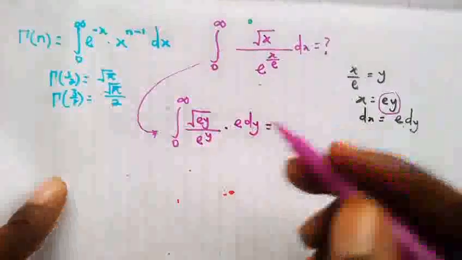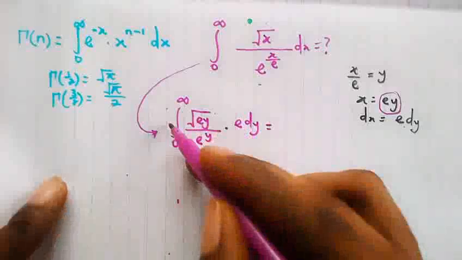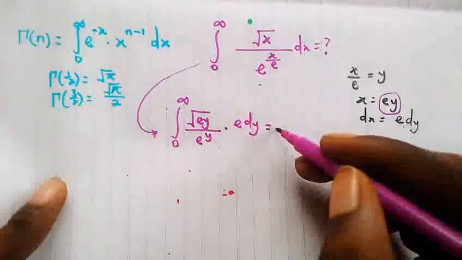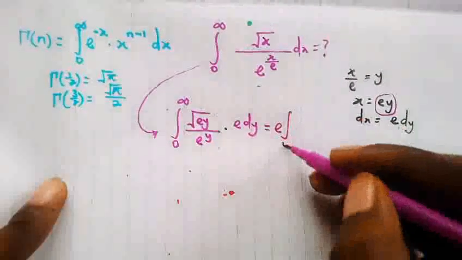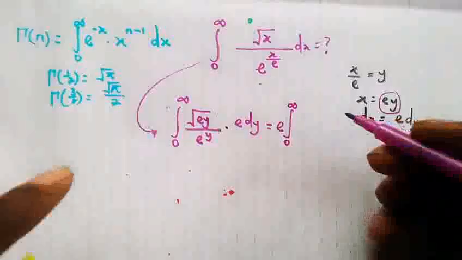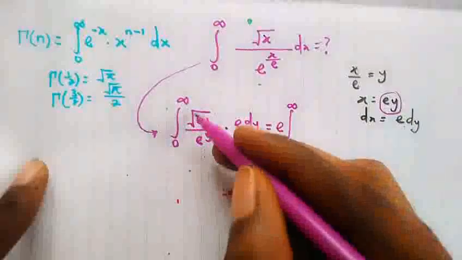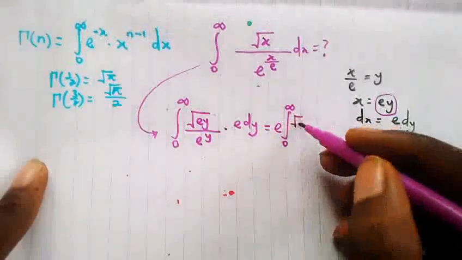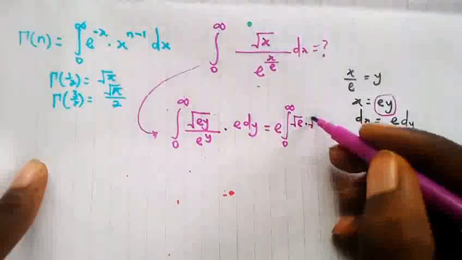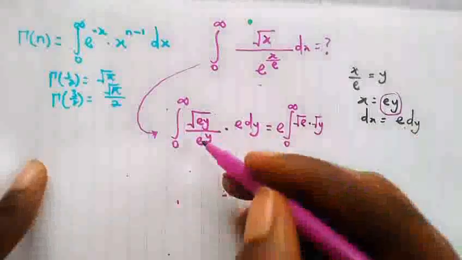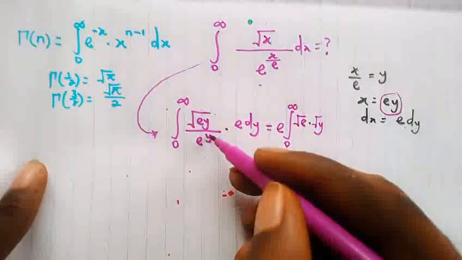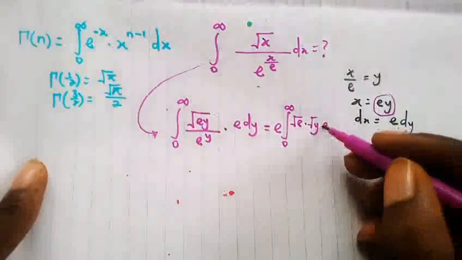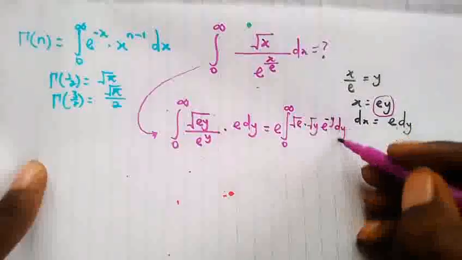So this is equal to, factoring out this a from the integral sign, a integral from 0 to infinity of square root of a times y. We can separate it as square root of a times square root of y. Then the 1 over e raised to y can be rewritten as e raised to negative y, then dy.